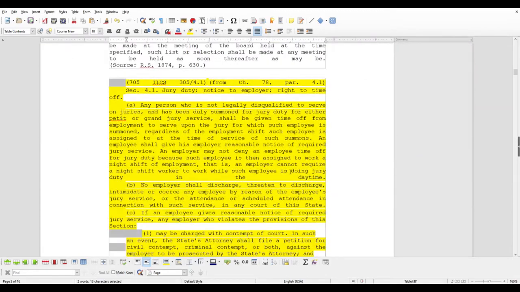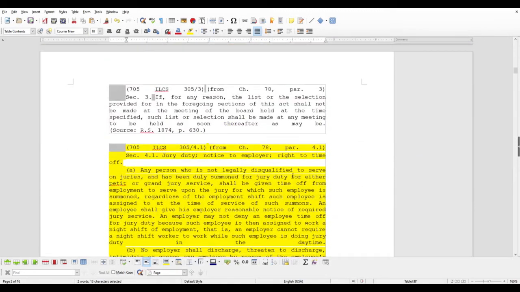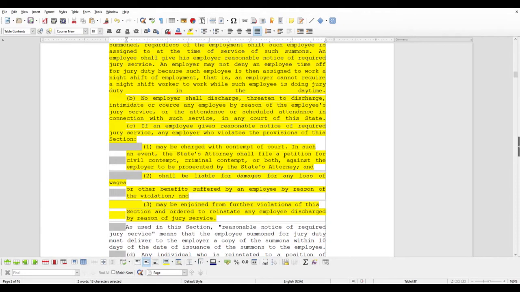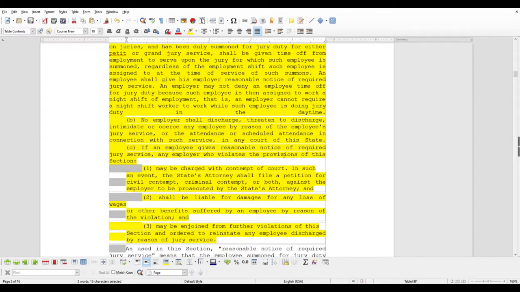Moving on, and I didn't put a question here, but I think the question should have been jury notice, right? Oh, this is notice to the employer. Basically, what this section says is that your employer cannot punish you for serving on the jury, right?